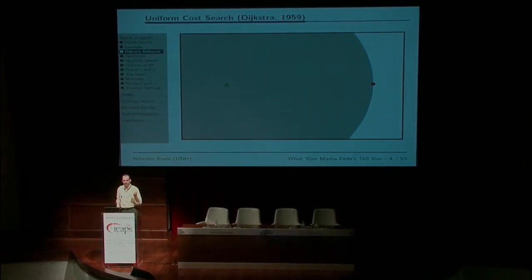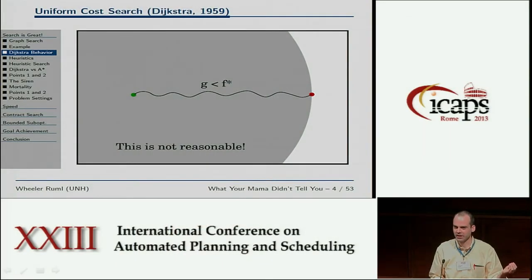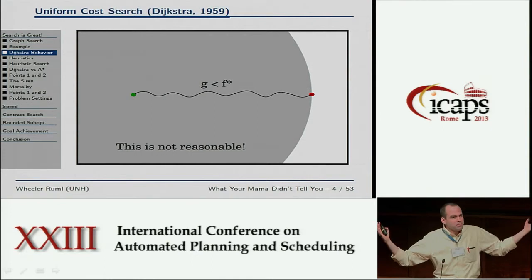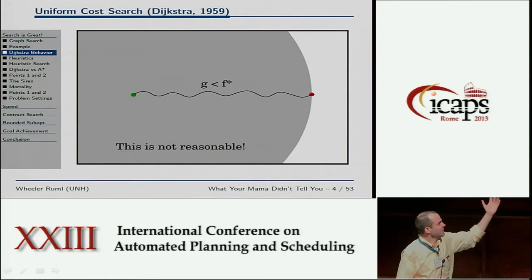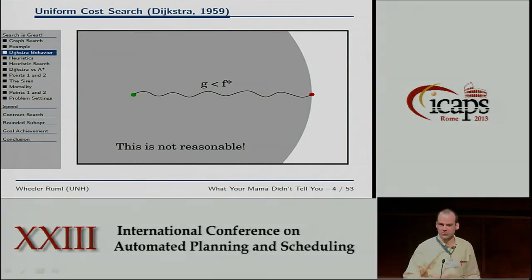But on the way to reaching the goal, Dijkstra will have to expand every single node whose G value is less than the cost of the optimal solution. And as AI people, this is just abhorrent. We just know that going down here is not a useful place to be searching.